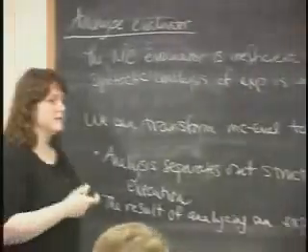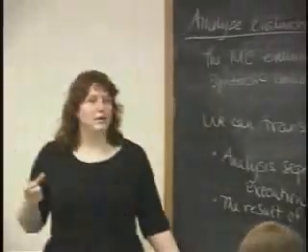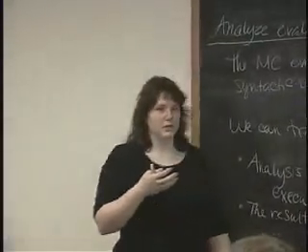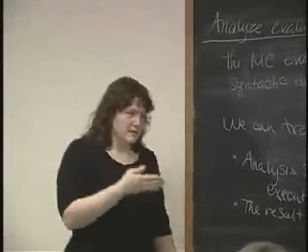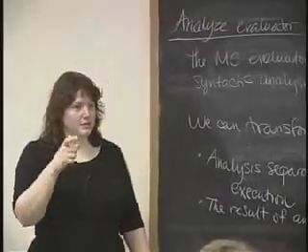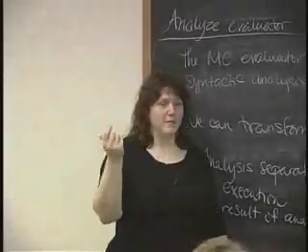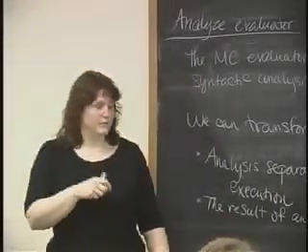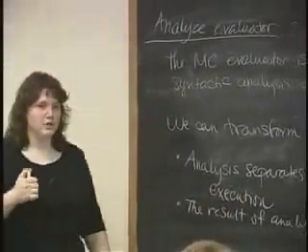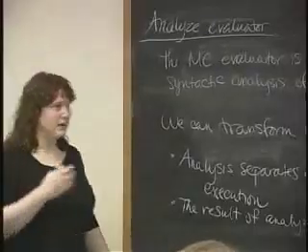The analysis can be done without knowing what the environment is, because the code's going to act the same way. Right? If we write a lambda expression, it's going to take the same parameters and bind them to the same names, and the body is going to do the same thing. It's just going to depend on the value we pass in to bind it. So we can analyze our expression in the absence of that information, in the absence of the environment, and then apply it to the environment.